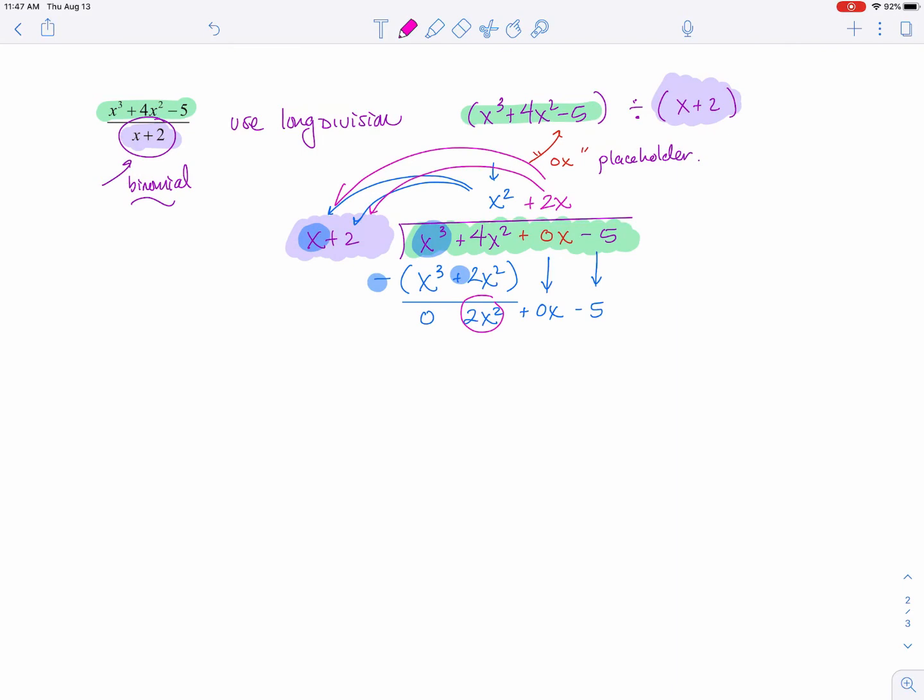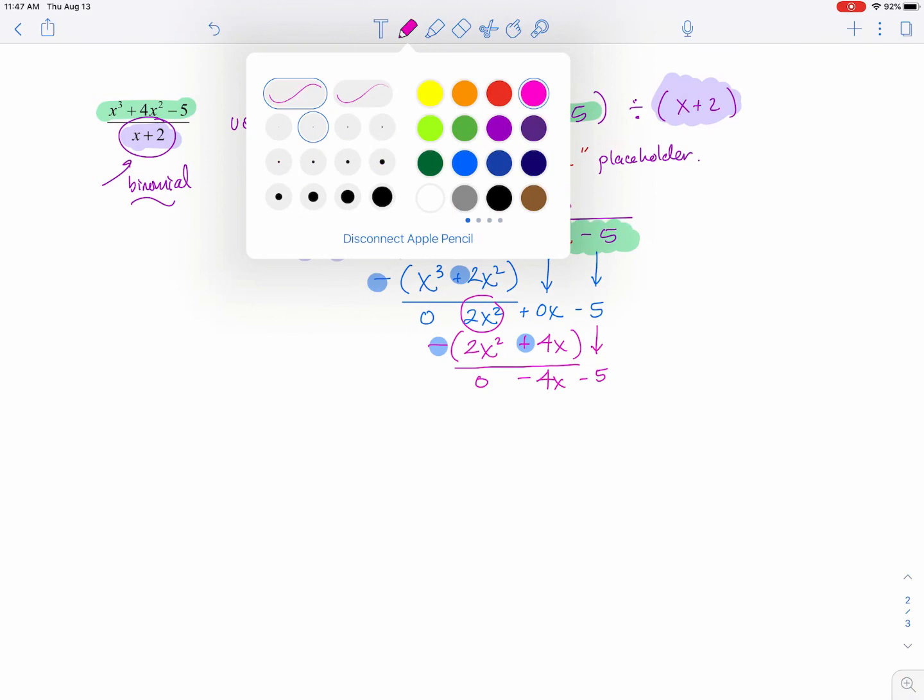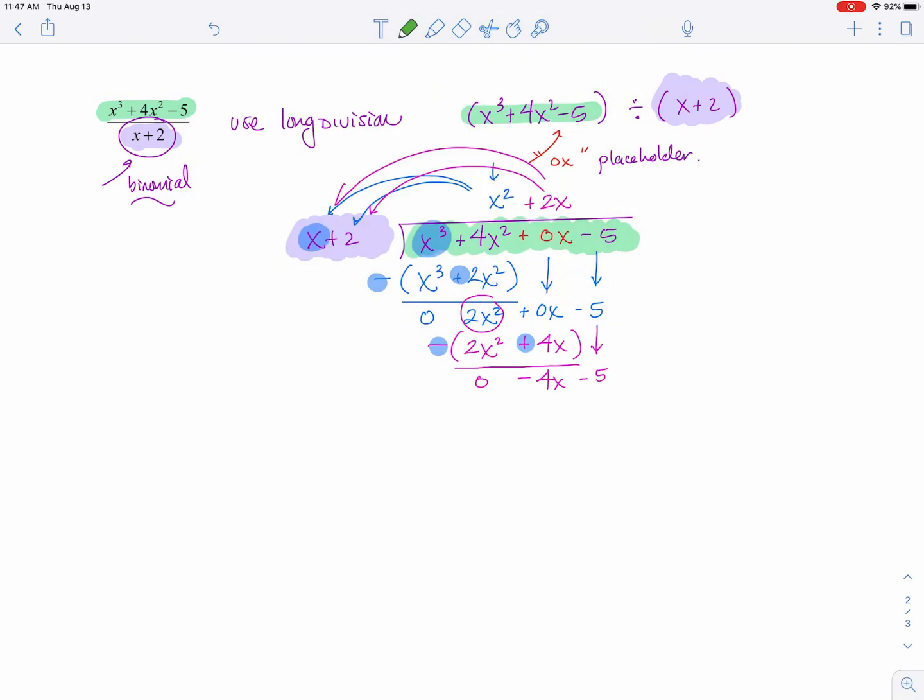It's getting a little busy here, but that's going to give us 2x squared plus 4x, again, parentheses, subtract ever so carefully. By design, we're going to get 0 there, and then 0 minus, again, don't forget that even though that's positive, we're subtracting it, and we're going to get negative 4x. And then we drop the negative 5, and we repeat this process one more time.